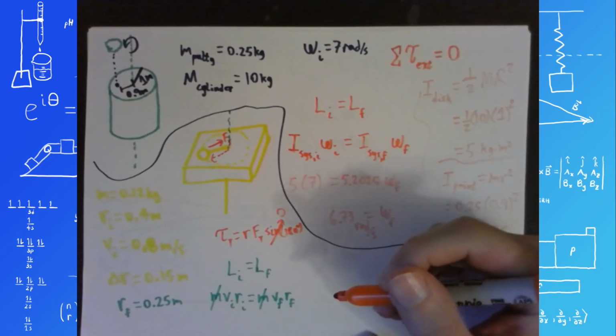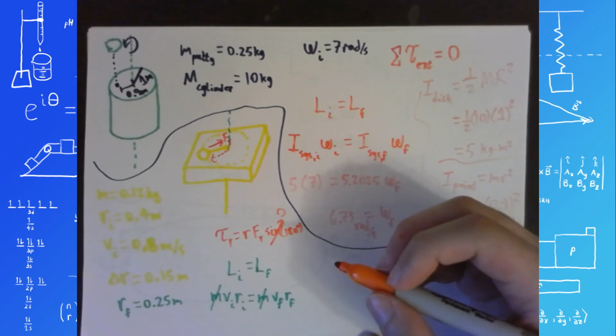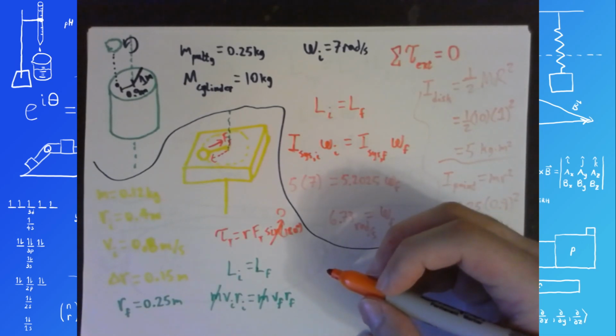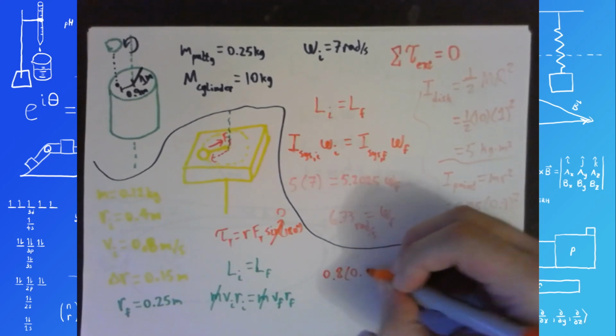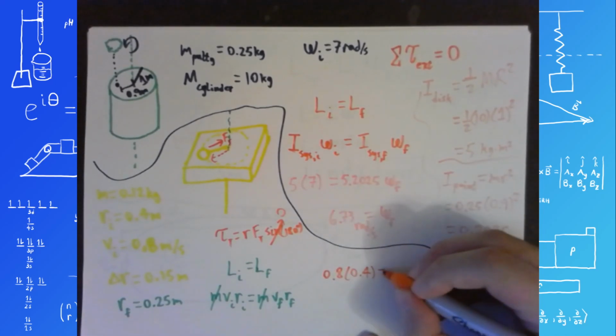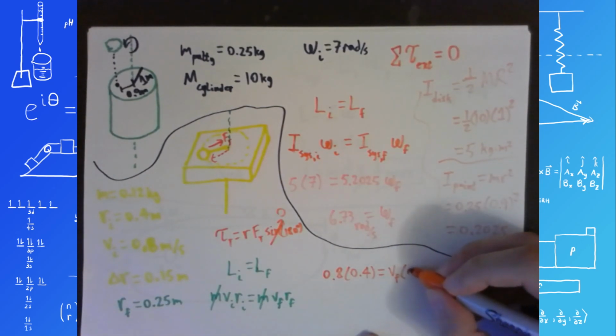So we have 0.8 times 0.4 equals whatever V final is times, no, not 0.15, 0.25 rather.